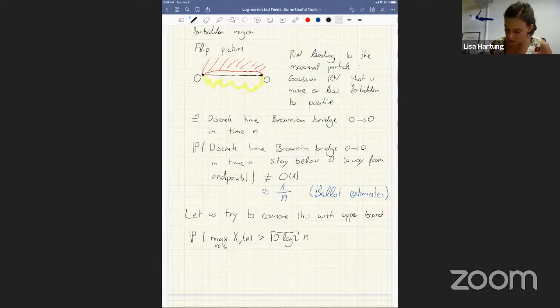And now let me just write the correct answer here. So let me just put 3 over 2 square root 2 log 2 in here. And well, we will add some 1, which I will just call y.